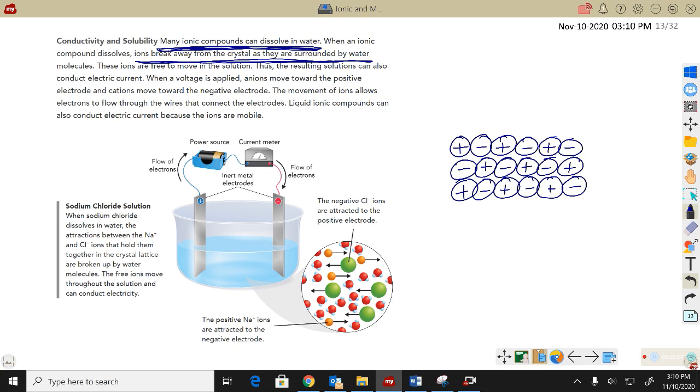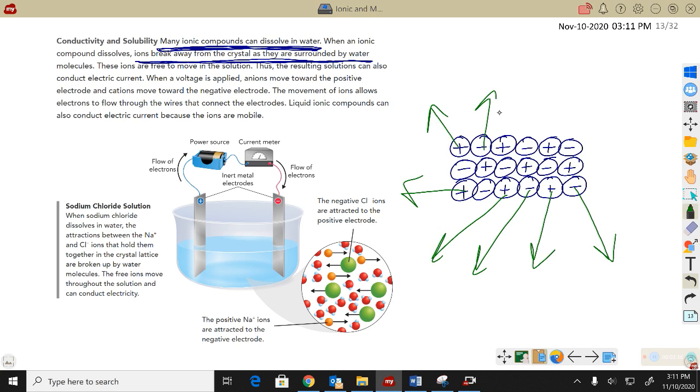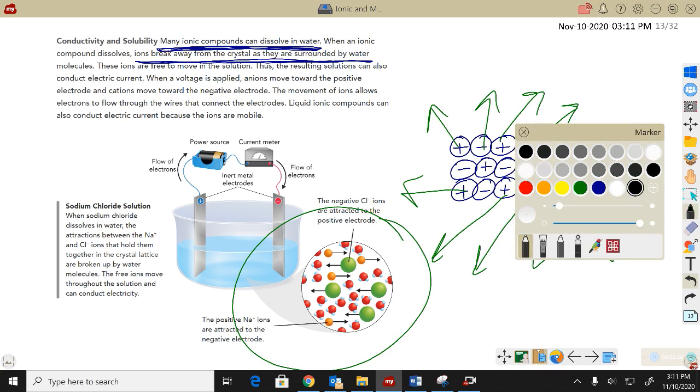When you put this in water, the water molecules are attracted to the ions in the crystal. The little water molecules will surround each ion, and eventually they'll remove the ions from the crystal. They separate the ions from the crystal, like so. Then eventually you have something that looks like this, where the negative ions are the chlorine.